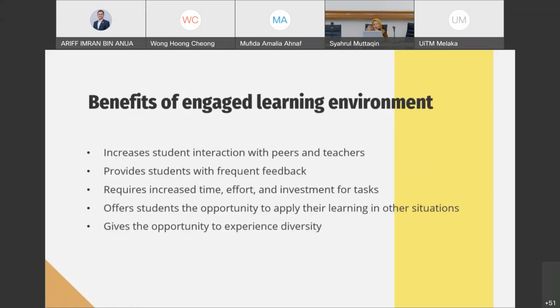So when one class has 20 students, it means that the teacher will recognize 20 kinds of personality, right? So the students will be living in the experience of diversity when they are in class.